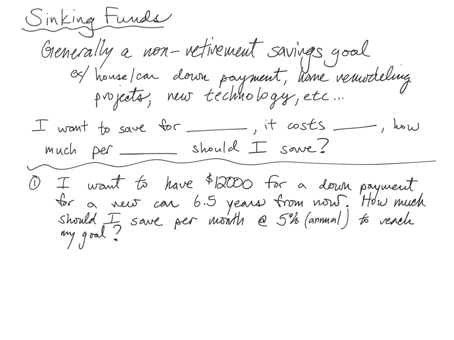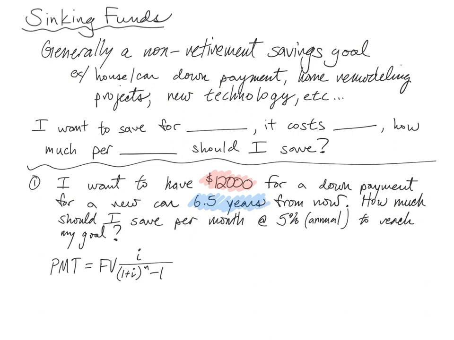All right, so we've got a little bit to figure out here. I have a future goal, and we're trying to solve for payment. I'm going to remember that equation from the sinking funds example a couple slides ago. Here it is. So I know the future value already. That's fine. The future value is 12,000. The time, here we do have a time, that's 6.5 years.